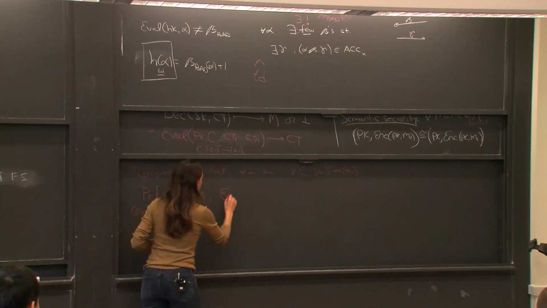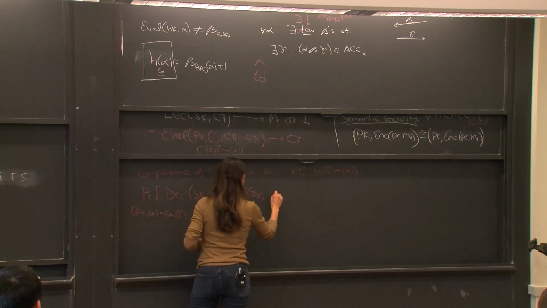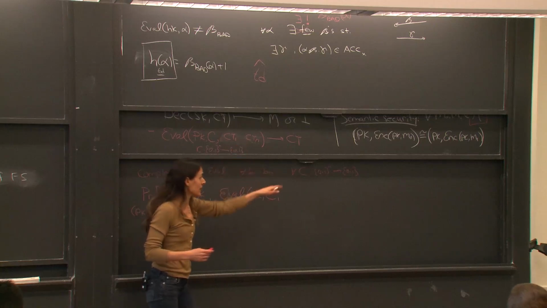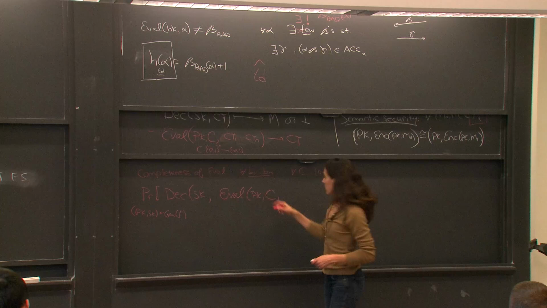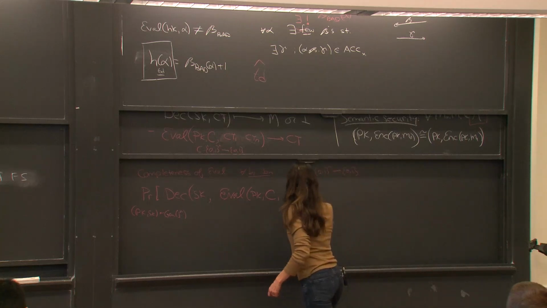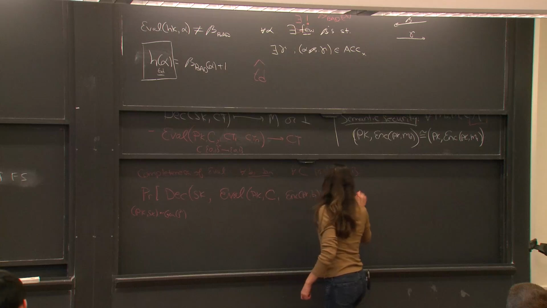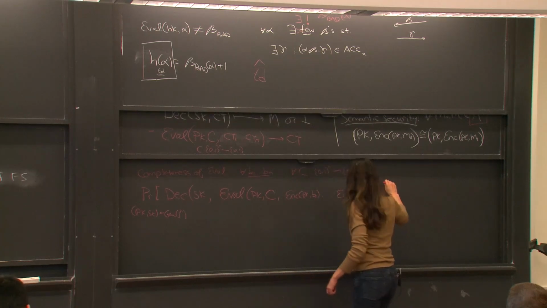So now evaluate with respect to the public key and the circuit C, evaluate on the n ciphertexts corresponding to B1 up to Bn. So encryption under the public key of B1, up to encryption under the public key of bit Bn.